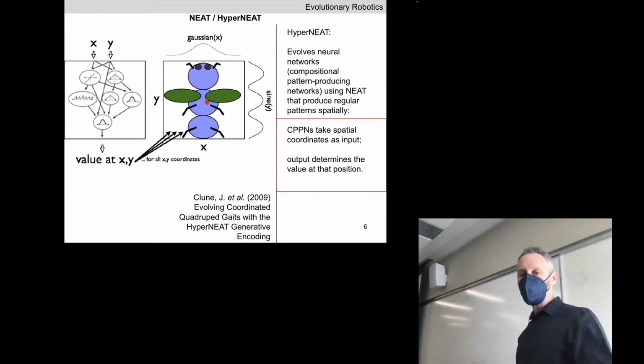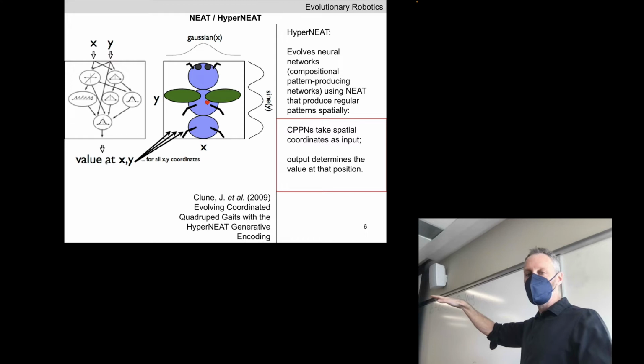Let's start at the first point in this lattice. Let's assume it's x equals 0, y equals 0. We take those two values, 0, 0, and we feed them into this neural network. And as we've seen many, many times before, we propagate those values through the network.